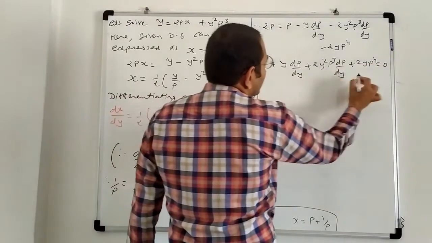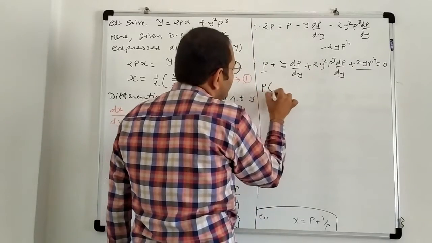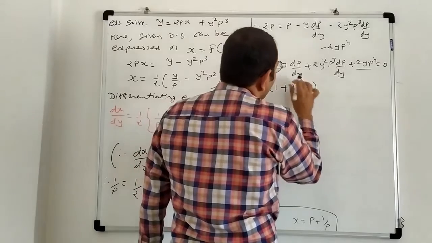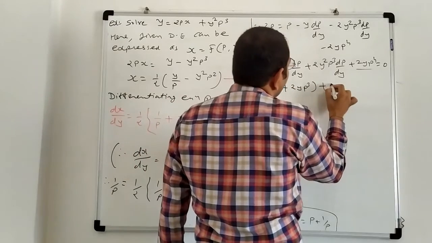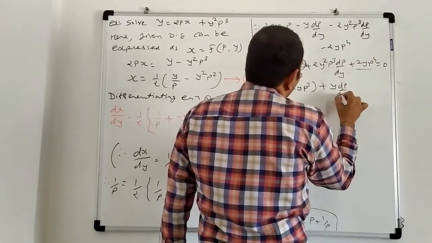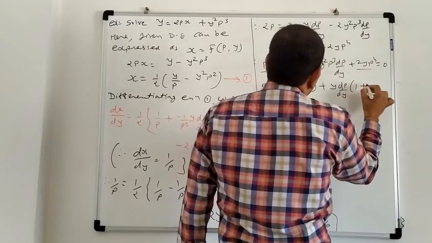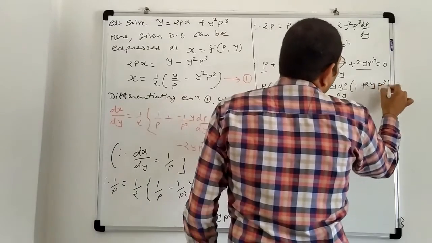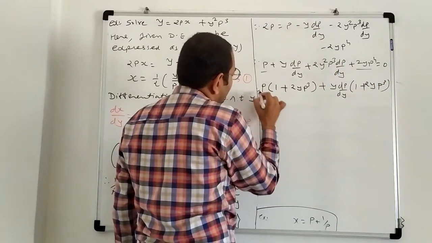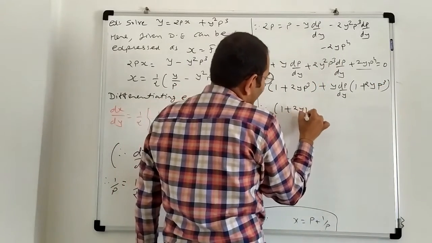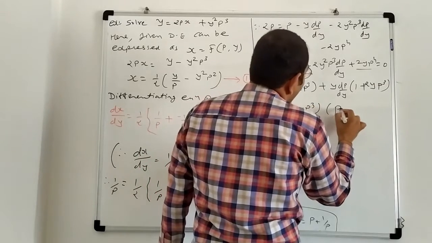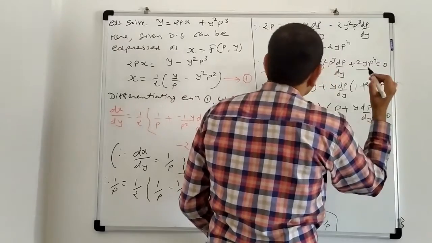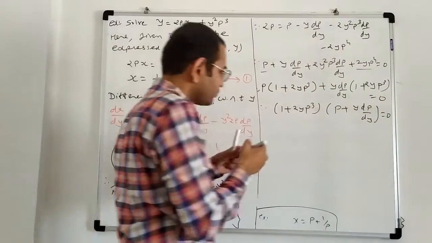Now in this term, p is common, then we get 1 plus 2y p cube. In both terms, y dp by dy is common, then 1 plus 2y p cube. Then we get 1 plus 2y p cube times p plus y dp by dy equal to 0.